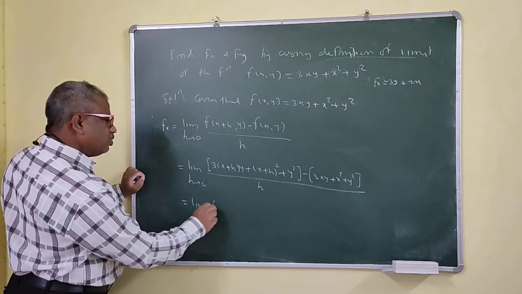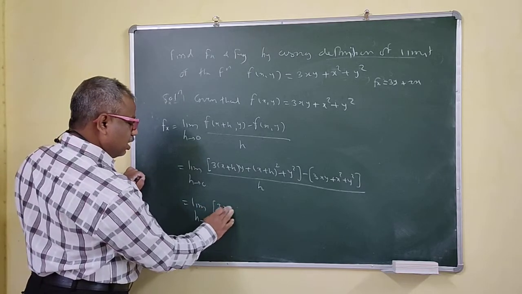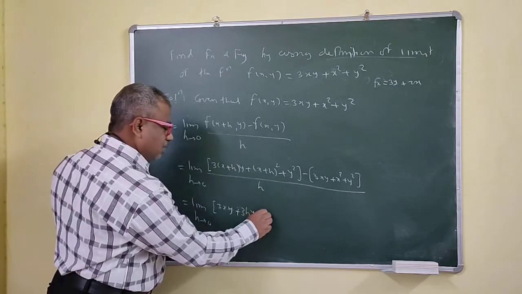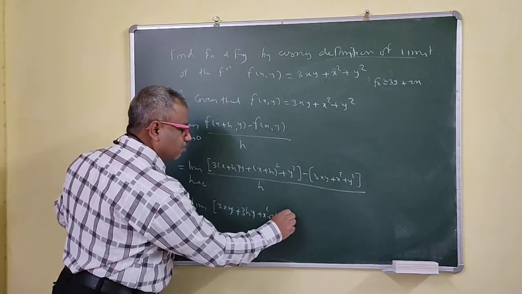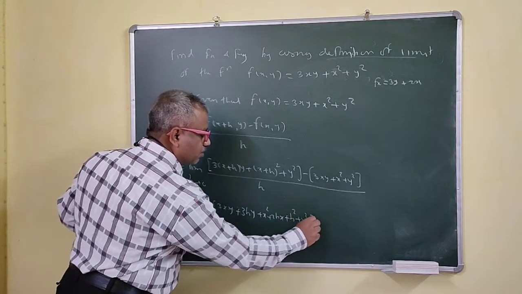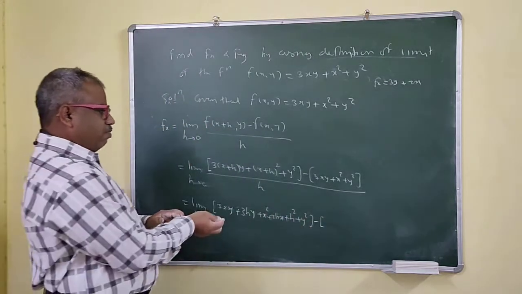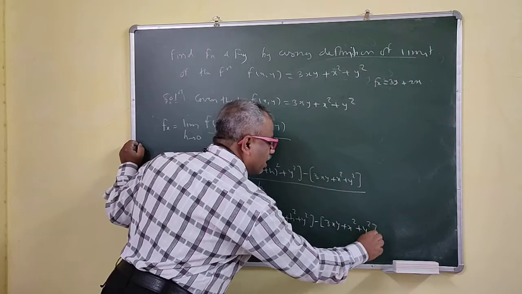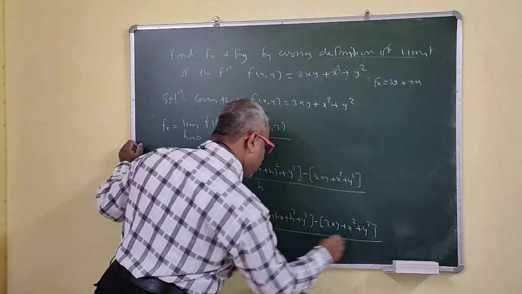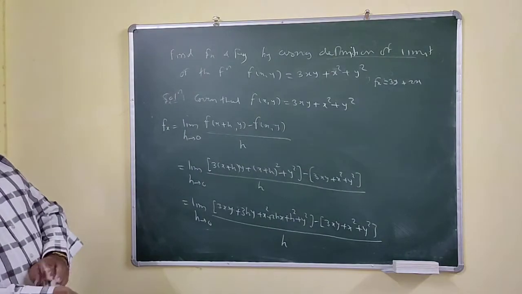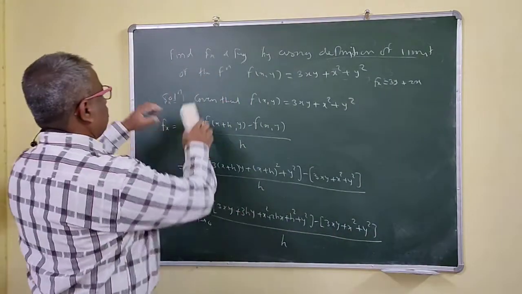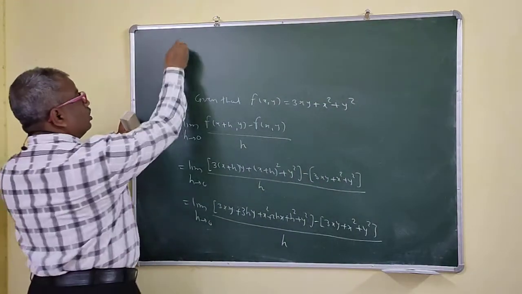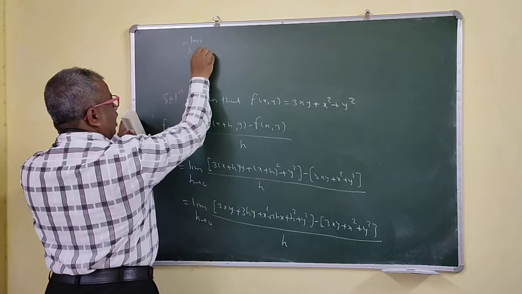So limit h tends to 0 of 3xy plus 3hy plus, expanding, x square plus twice hx plus h square plus y square minus 3xy plus x square plus y square, upon h.